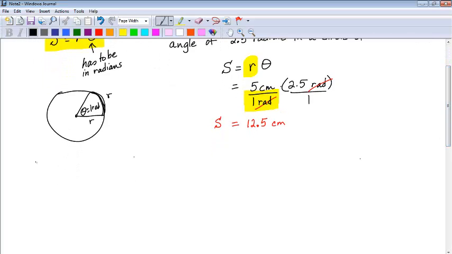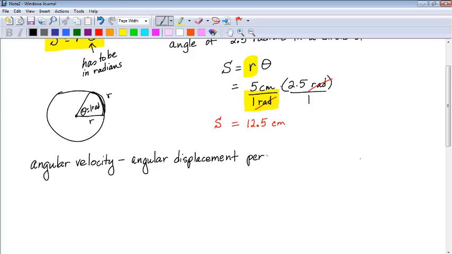Now the author goes through angular velocity. Angular velocity is angular displacement per unit of time of an object in rotary motion.